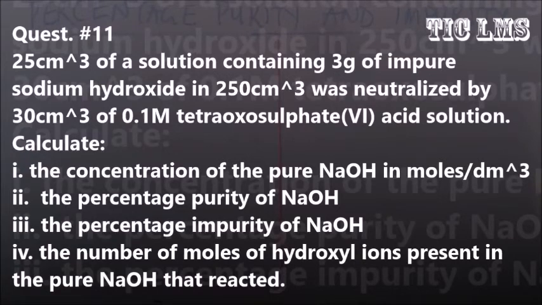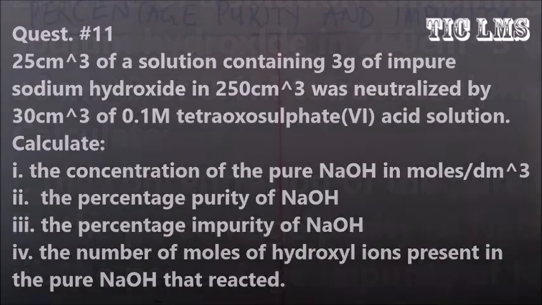Calculate: Roman figure 1, the concentration of the pure sodium hydroxide in moles per dm cubed. Roman figure 2, the percentage purity of sodium hydroxide. Roman figure 3, the percentage impurity of sodium hydroxide. And Roman figure 4, the number of moles of hydroxyl ions present in the pure sodium hydroxide that reacted.